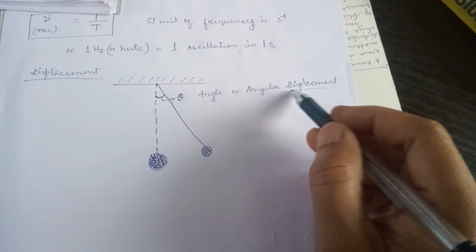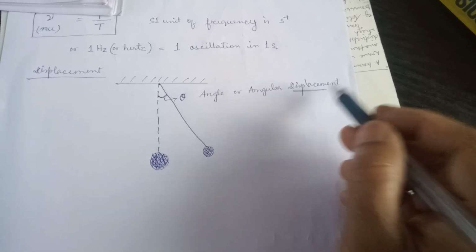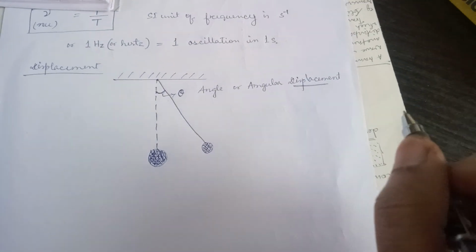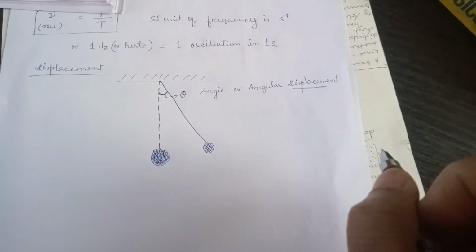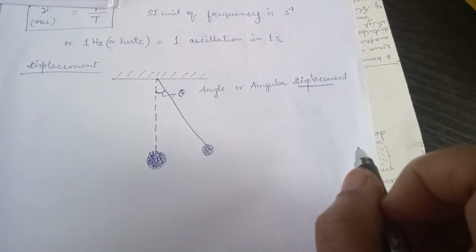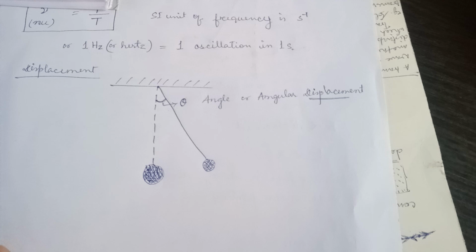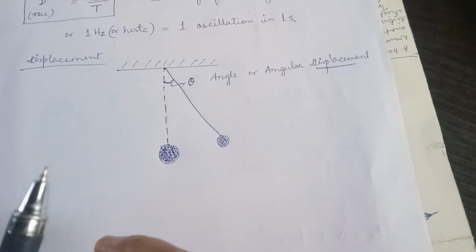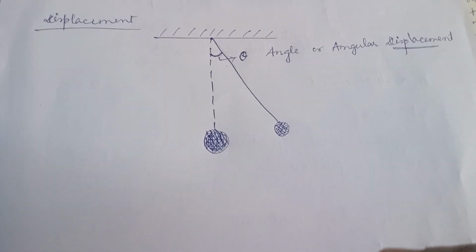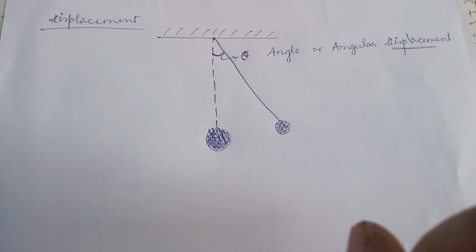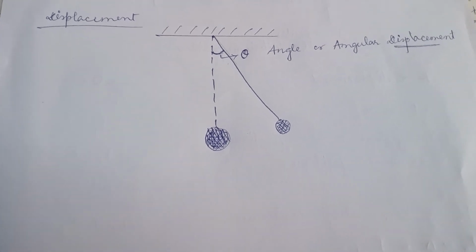Displacement is a vector quantity, so its value can be positive as well as negative. Using trigonometric ratios, we can express displacement in both positive and negative values.